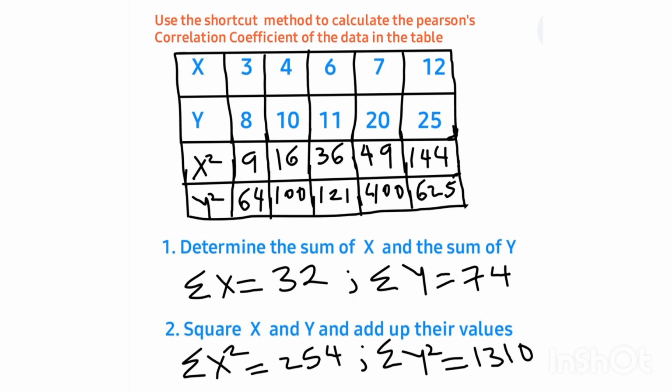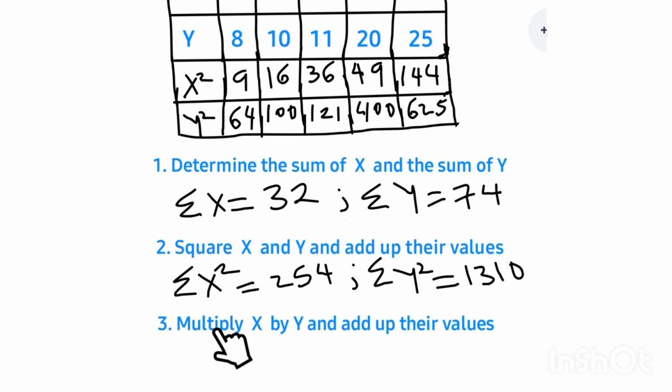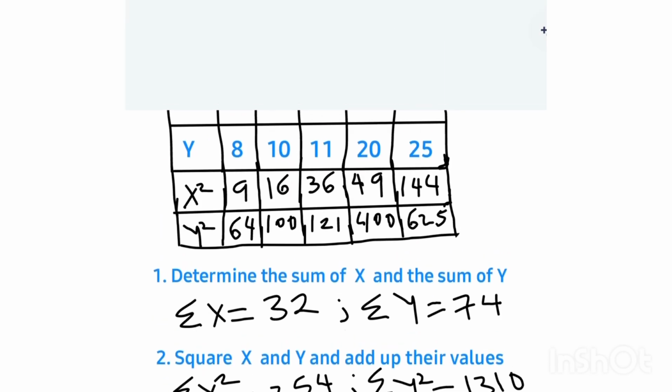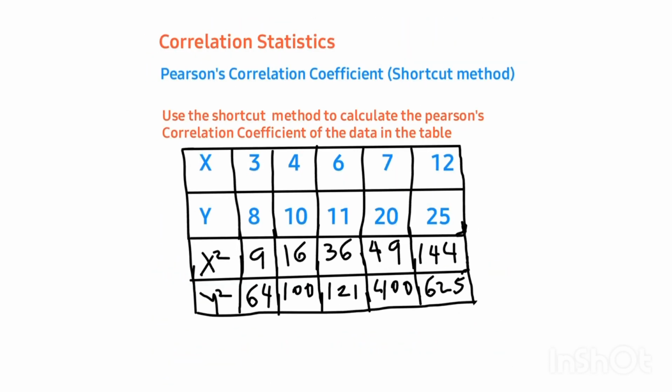Step 3 says multiply X by Y and add up their values, and this takes us back to our table. And here we're expected to create a column for XY. Of course, multiplying X by Y, the product gives XY.